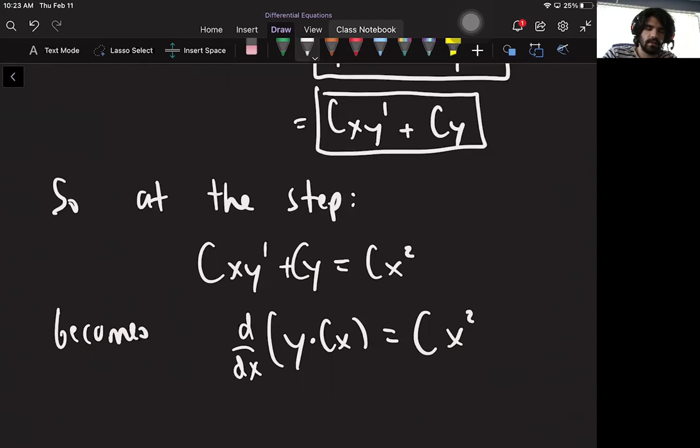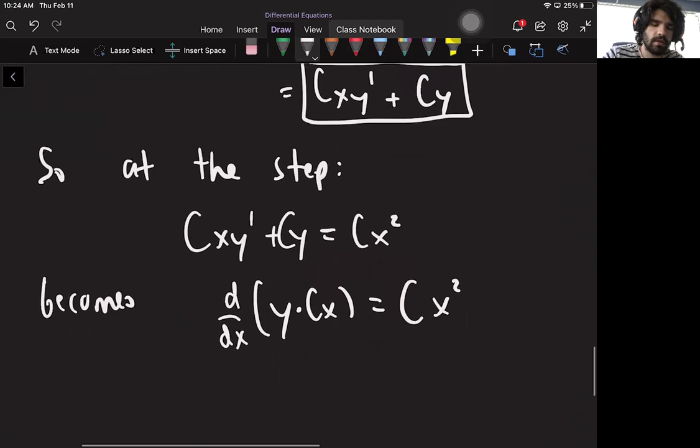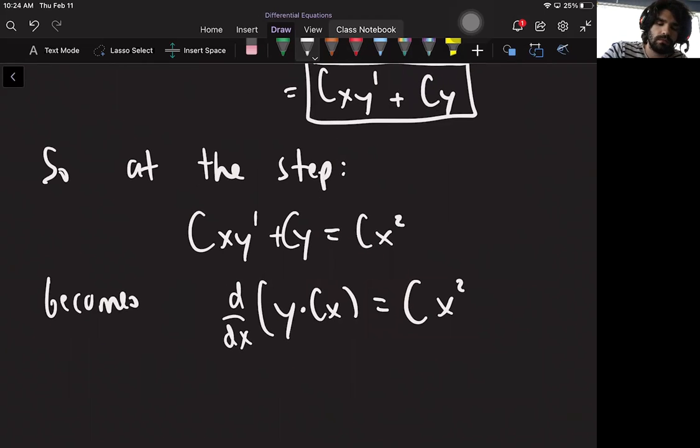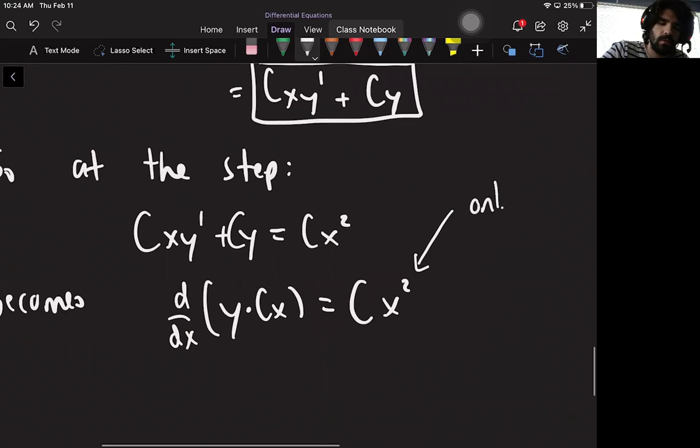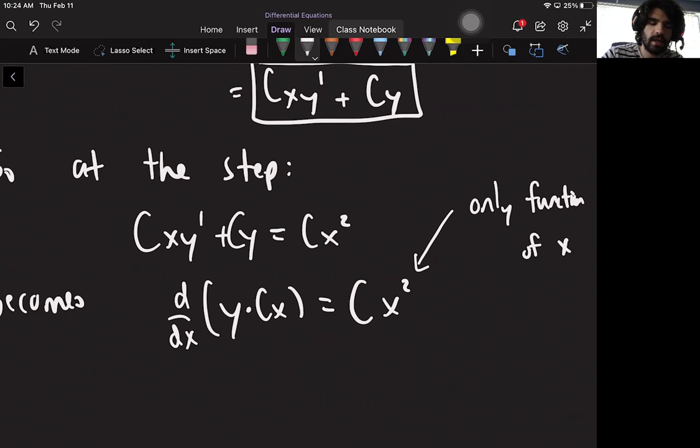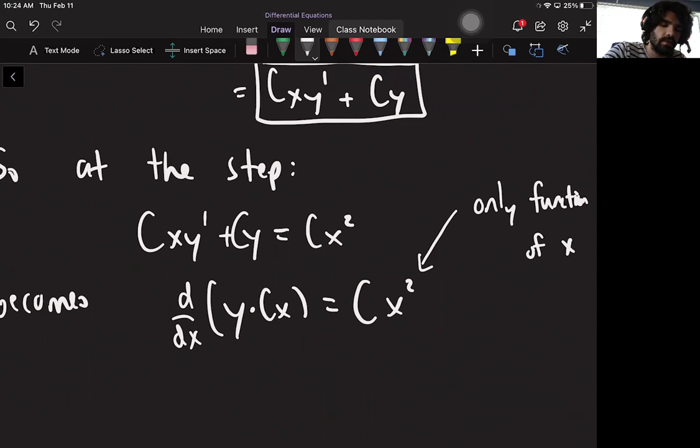Now, why is this the most important step? Why is this such a good step? Well, because now on the right side, one thing we should notice is it's only a function of x. And on the left side, I have a derivative with respect to x.